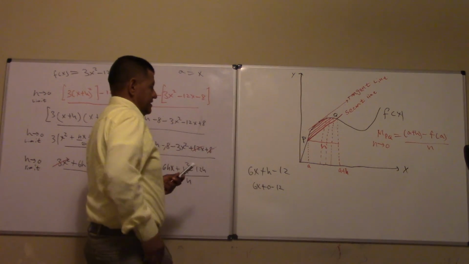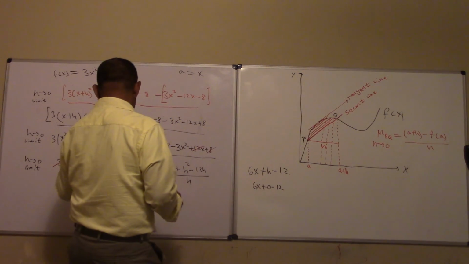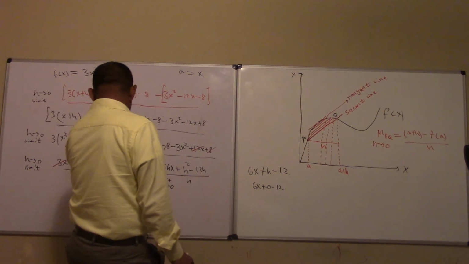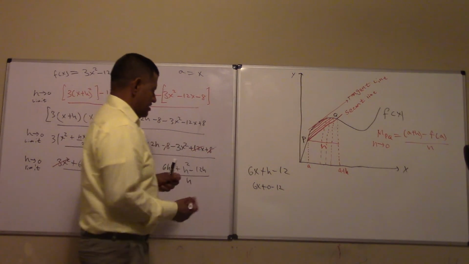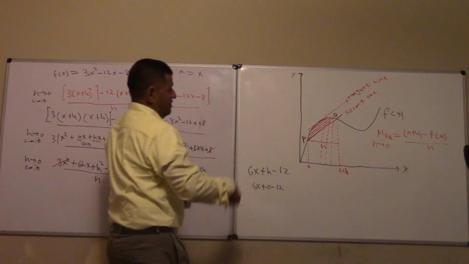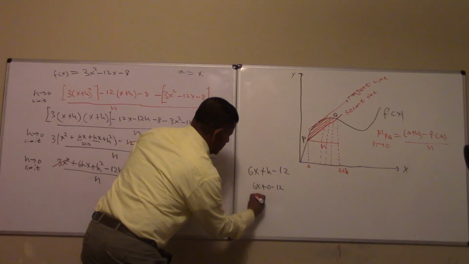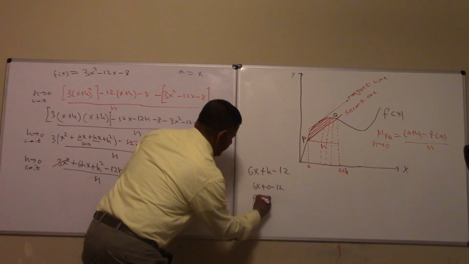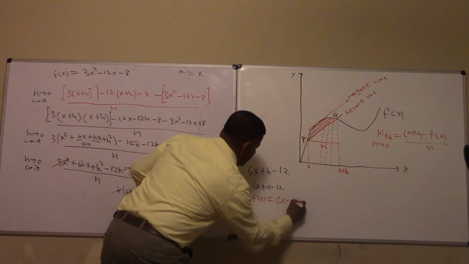So the slope of the line, the tangent line, you can call it f prime. I don't know what the books call it, but you can say the slope of the line or the derivative, you call it f prime. f prime of x is equal to 6x minus 12.